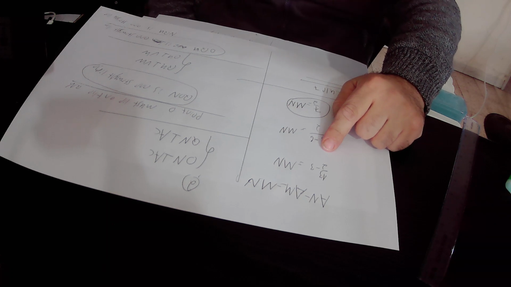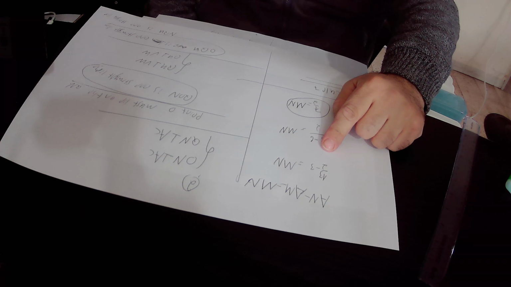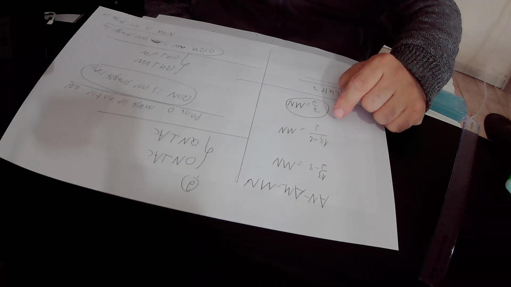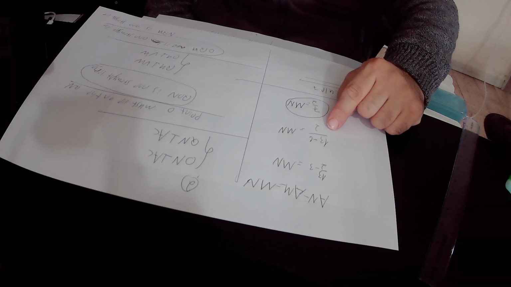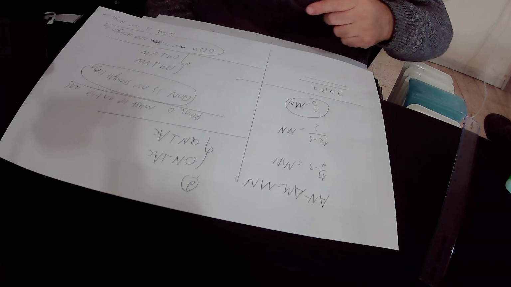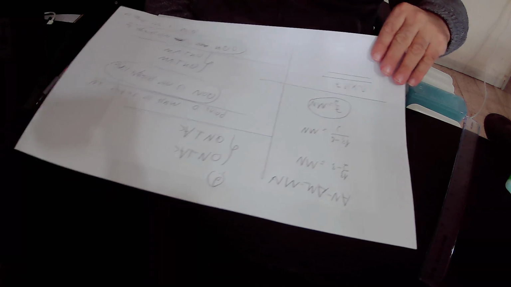Here we make a common denominator of 2 by multiplying minus 3 by 2 and dividing by 2. This is the common factor here. So minus 3 times 2 is minus 6, so we have 13 minus 6 over 2, which equals MN. 13 minus 6 is 7, so in total MN equals 7 over 2. Okay.